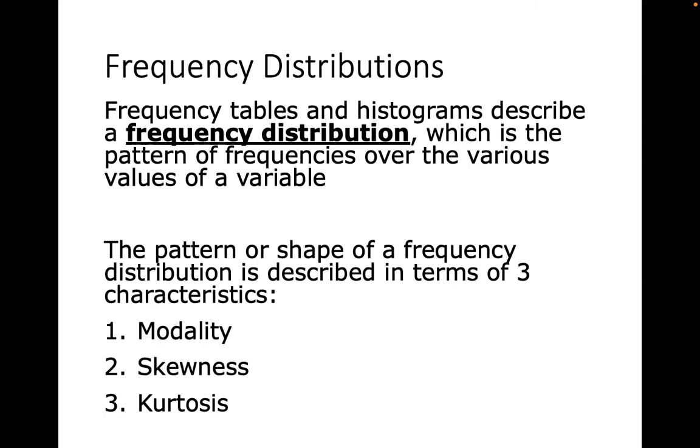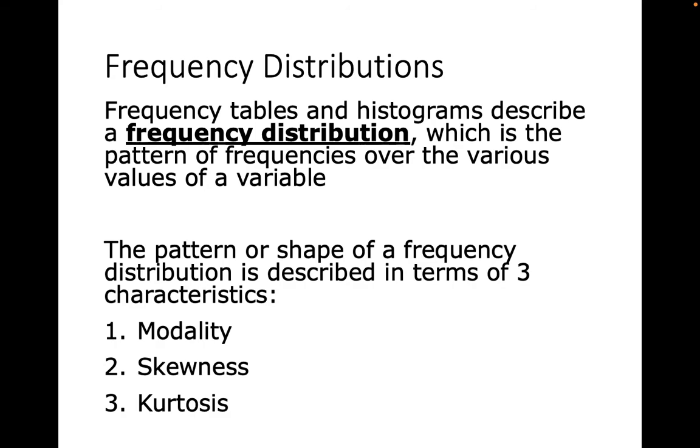Frequency tables and histograms describe something called a frequency distribution, which is the pattern of frequencies over the various values of a variable. A frequency table or histogram describes a frequency distribution because each of these shows the pattern or the shape of how the frequencies are spread out or distributed.